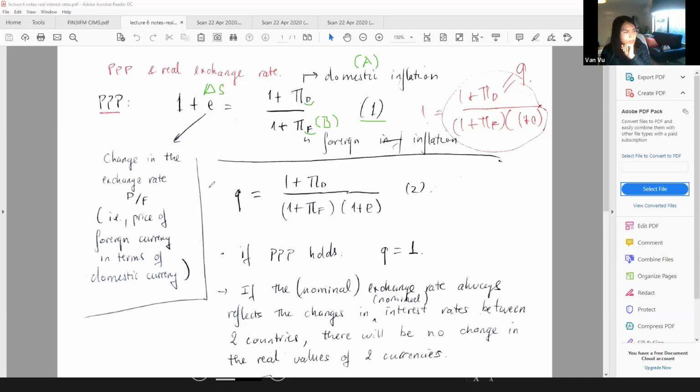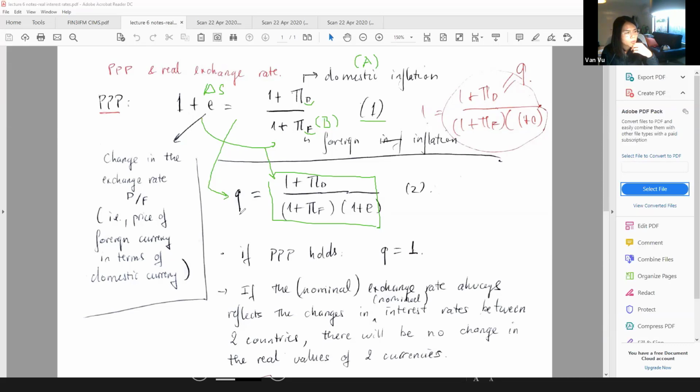Now what I'm going to do next is rearrange the PPP. So I'm going to bring the left-hand side to the right-hand side so that I've got this bit over here, okay? So if I rearrange equation 1, I will get 1 equals 1 plus inflation D divided by 1 plus inflation F times 1 plus the change in the exchange rate, okay?